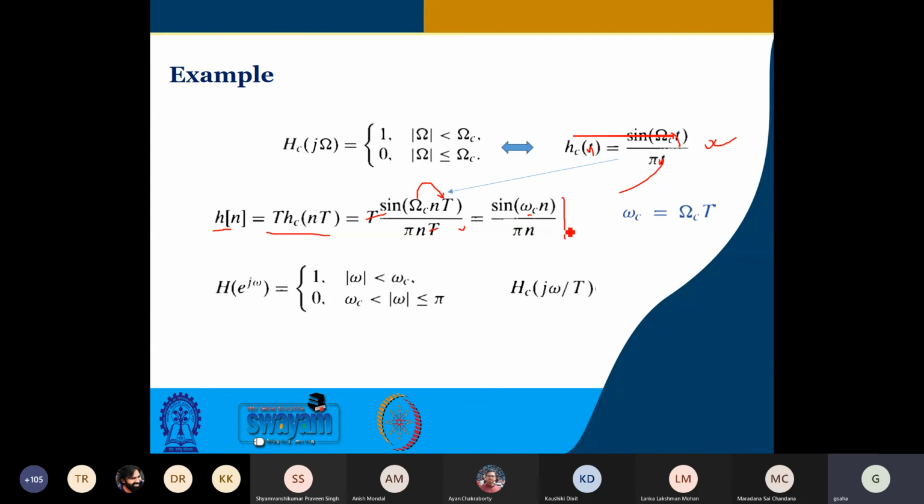Now if you look at the inverse Fourier transform of H(e^{jω}), which is a low pass filter with cutoff frequency small omega_c, you'll see that this is the same as this one.